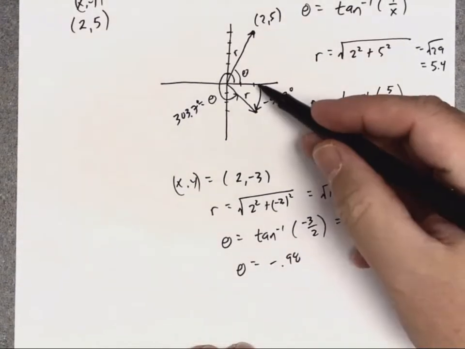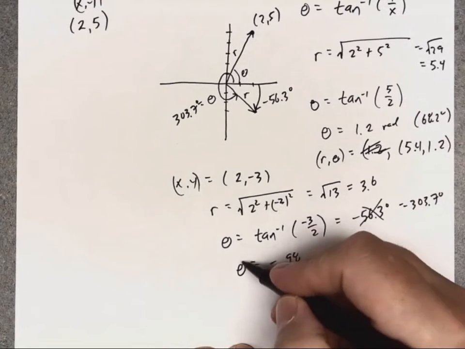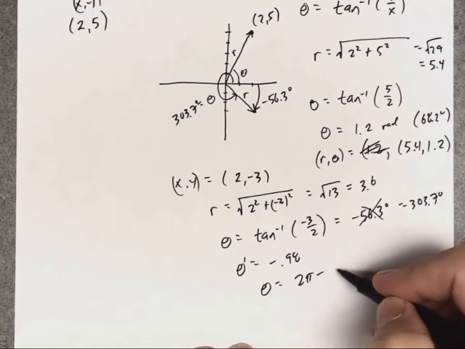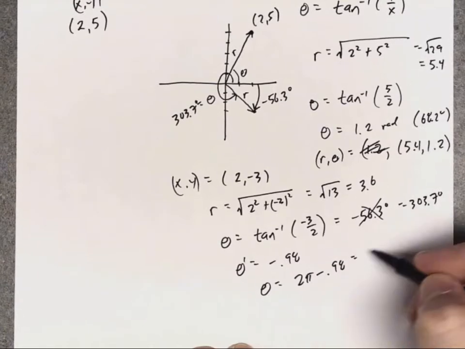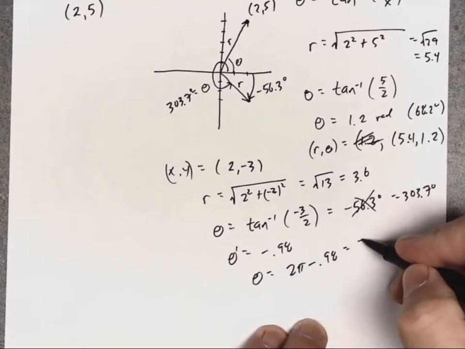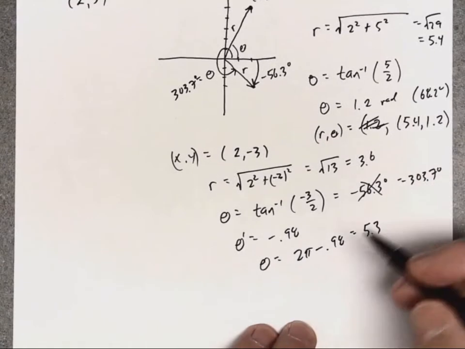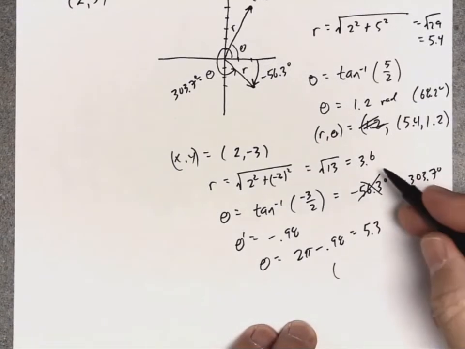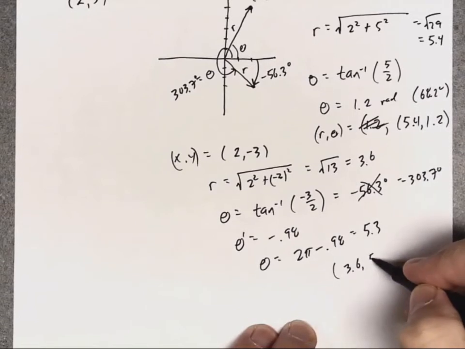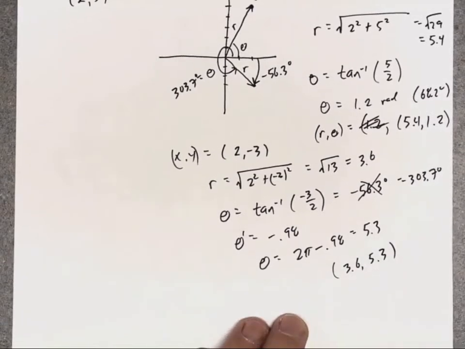So now, if I'm in radians, what do I have to do? I really have to take 2 pi minus 0.98. Looks like it's 5.3. So my final answer would be r is 3.6 and the radians are 5.3.